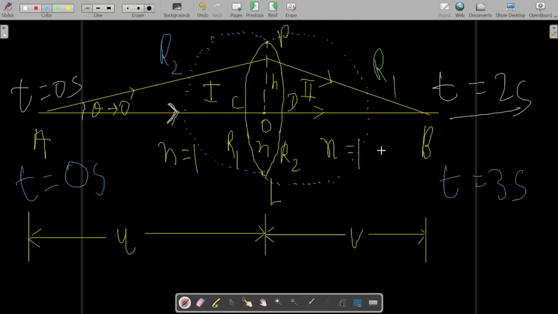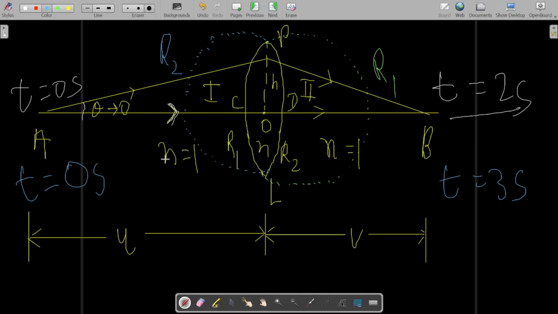So do you think a real image will be formed in this case? The answer is clearly no, because APB is faster; it has only taken 2 seconds.